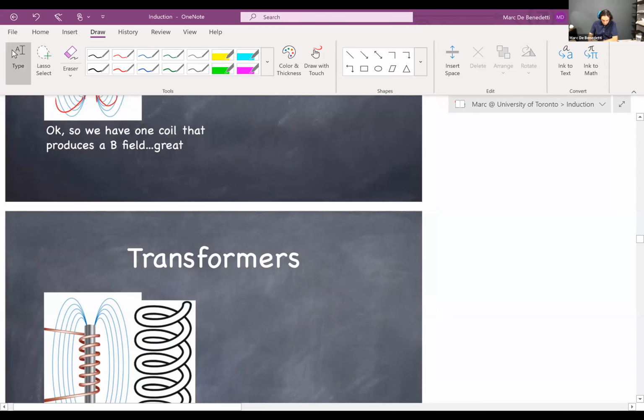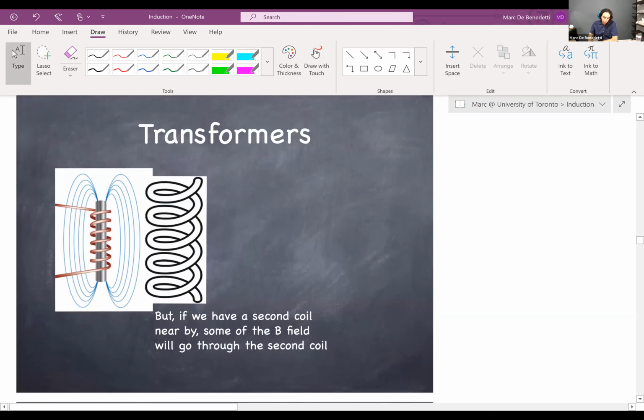That's old news. So if we bring in a second coil. Now this second coil could be part of a circuit, but it is not hooked up to a power source. Again, it could be hooked up to a complete circuit, but that circuit won't necessarily have a battery.